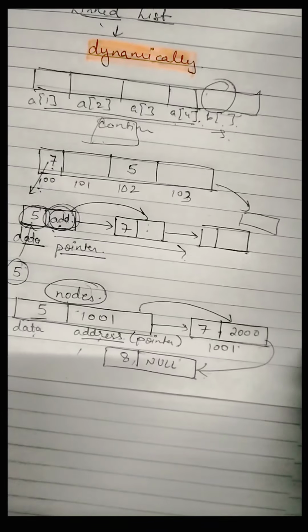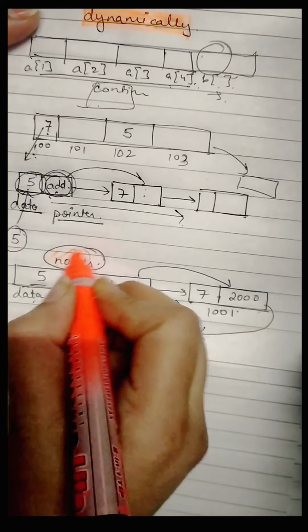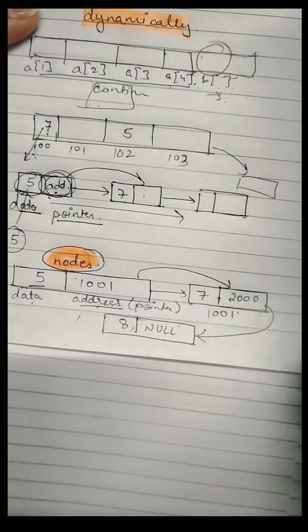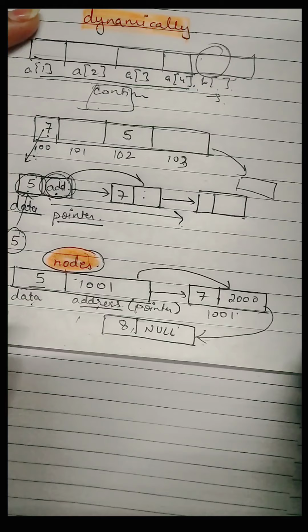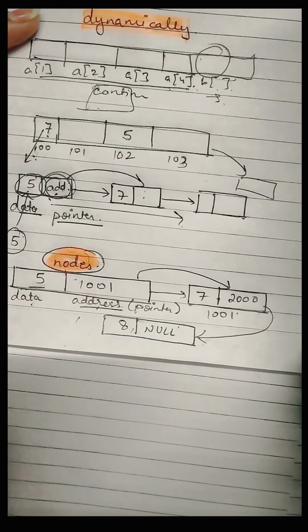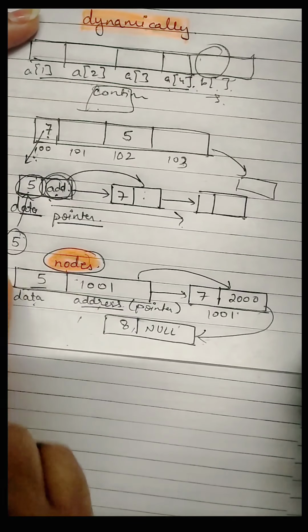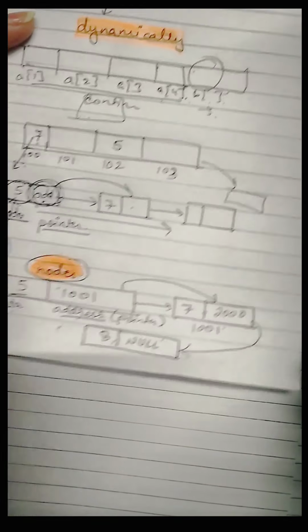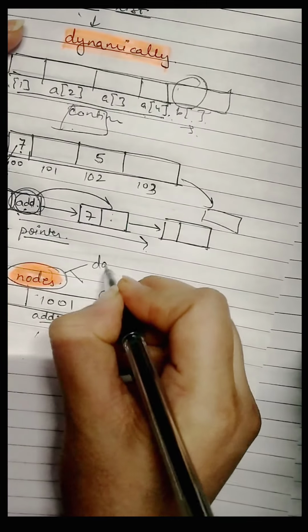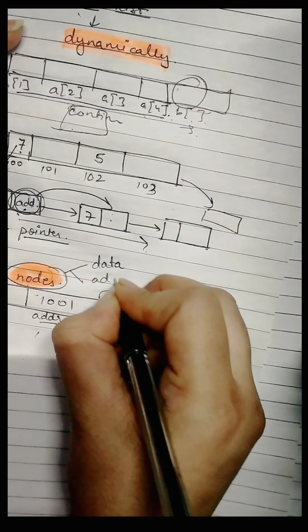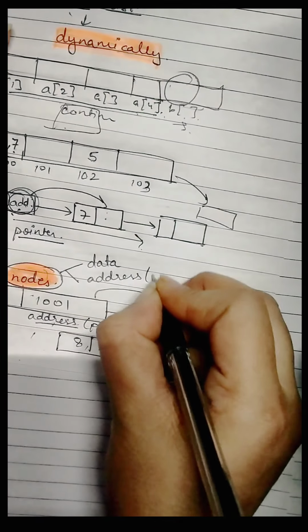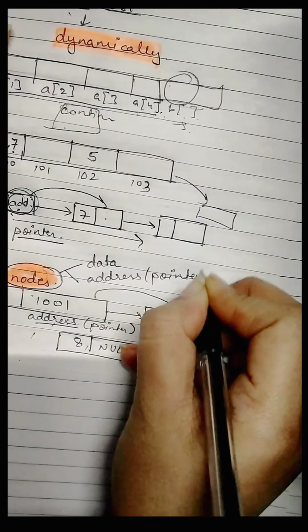Then coming to linked list, every part of a linked list consists of nodes. What is a node? A node is any memory space that is given to the data which will store the address of the next. So obviously a node has two parts, the data as well as the address, where the address is the pointer.